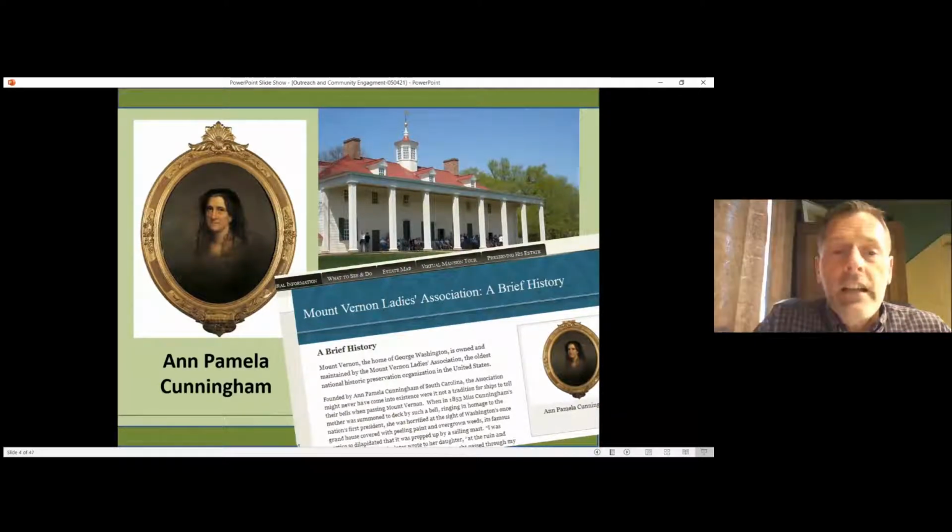Anne Pamela Cunningham was responsible for a nationwide fundraising campaign to save Mount Vernon, and she was very successful in that. Today, Mount Vernon still remains the museum that she established, and it's still owned and operated by the Mount Vernon Ladies Association. So an incredible success story in terms of preservation from the 19th century.